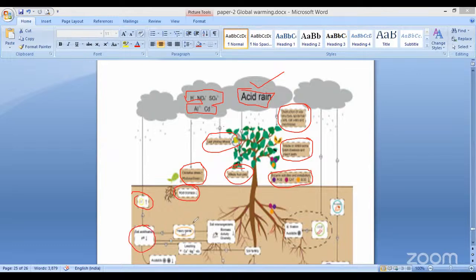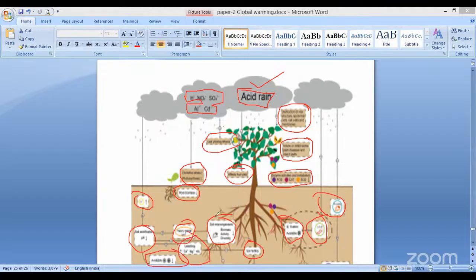Why I circled all the things with red color means these are the possibilities, and this is the way the particular chemicals can react with the plants from root to shoot system. That's why I mentioned that red color circle.